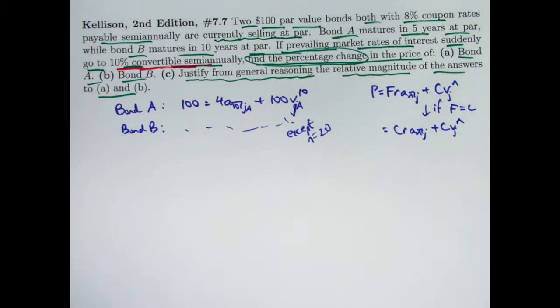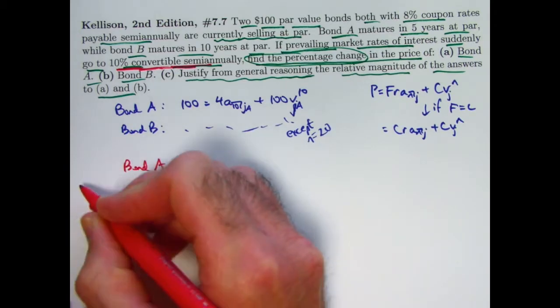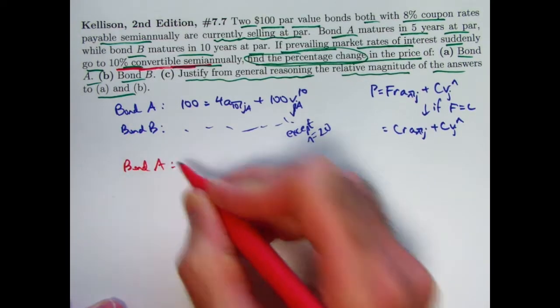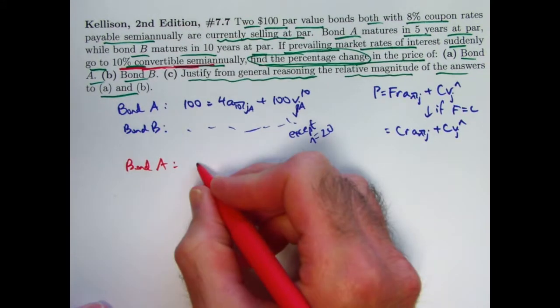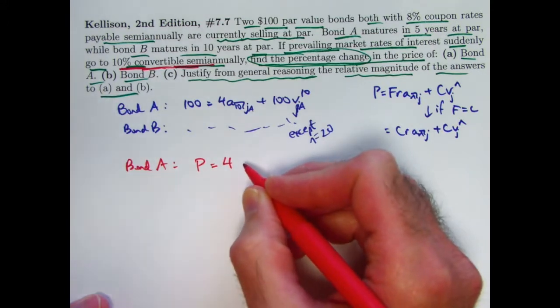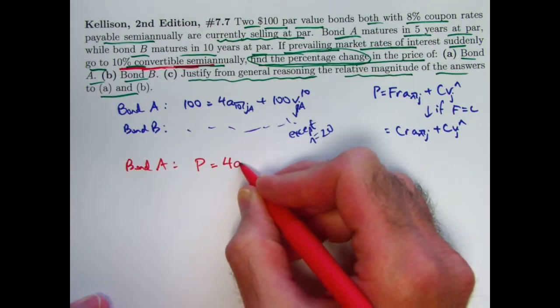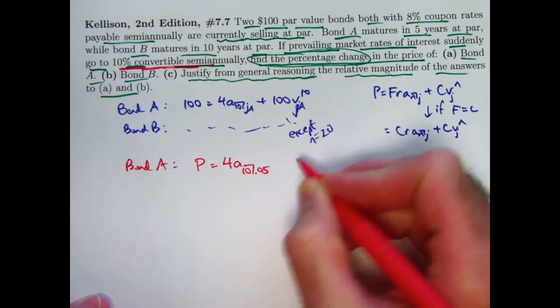That's the plan here. So let's go back to bond A. The yield is now increasing from 4% to 5% per half year. What will the price be in this new situation? It should be smaller. The yield is going up, the price should go down. Put 0.05 there.